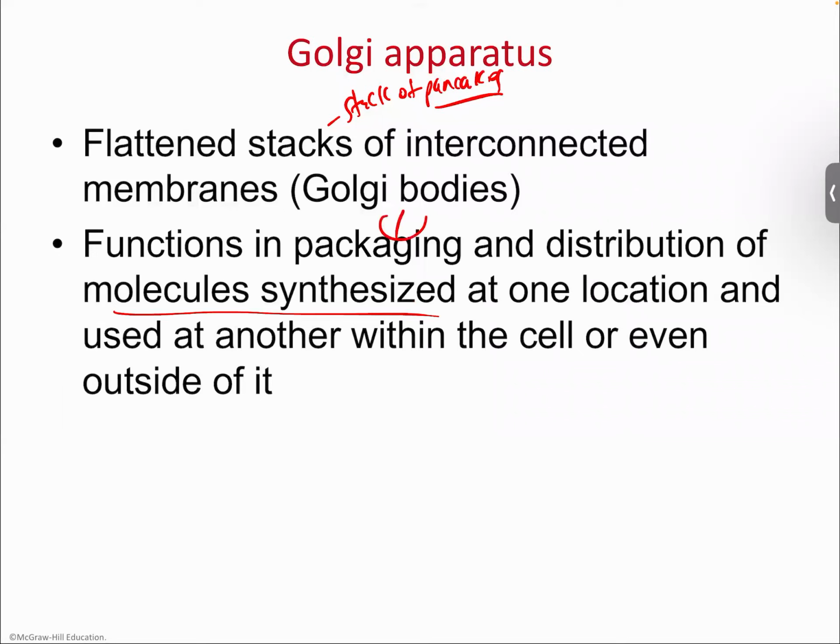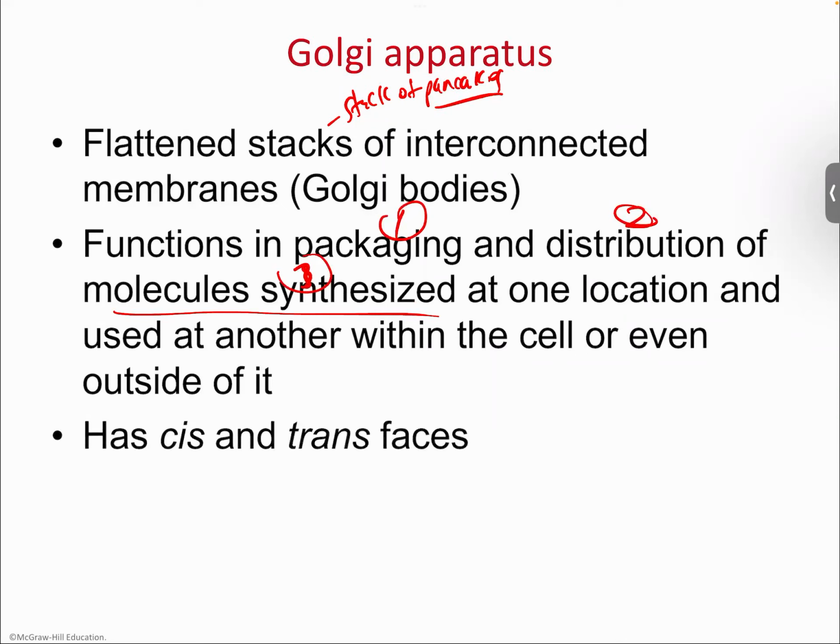Then it's got to pack and distribute, which is the sorting and the shipping. Then it's got to send it out to its destination. It has two different faces: the cis face, which is the same side, and the trans face, which is different or across. The reference point here is the nucleus. So the cis face is on the same side as the nucleus, and the trans side is the membrane side.